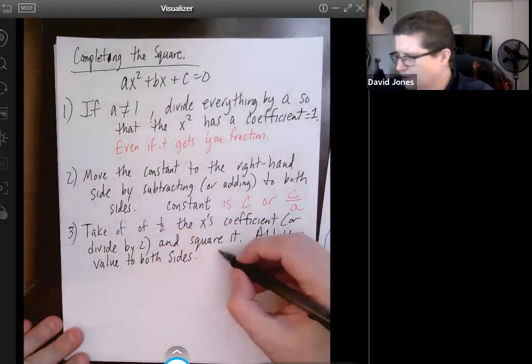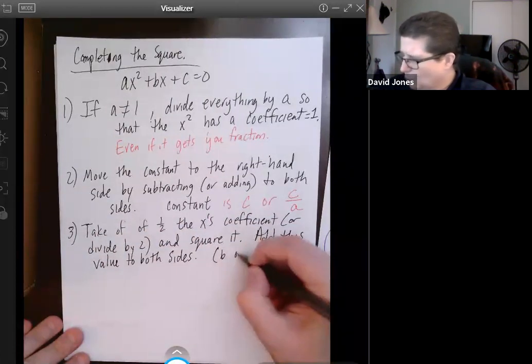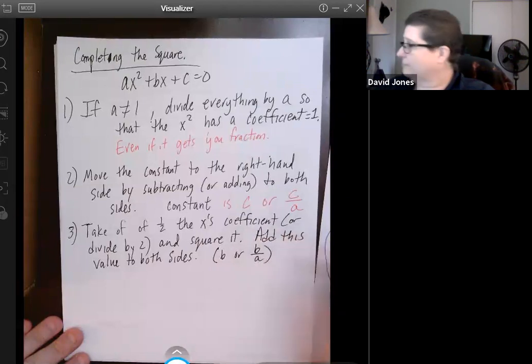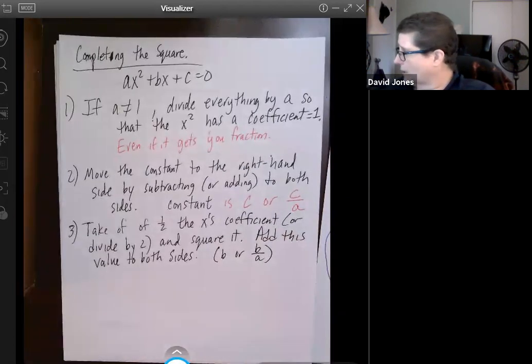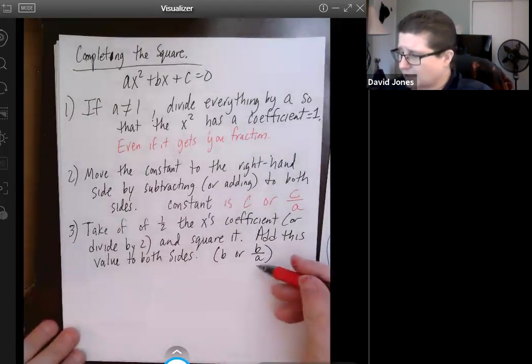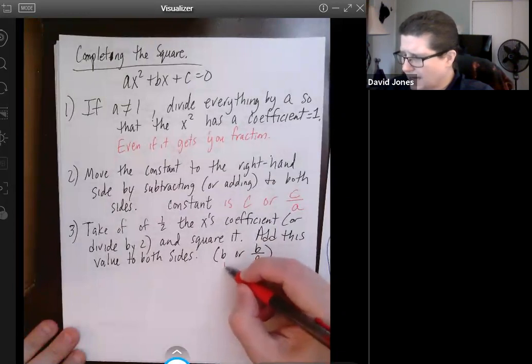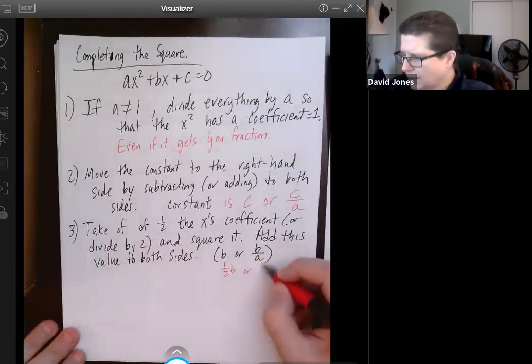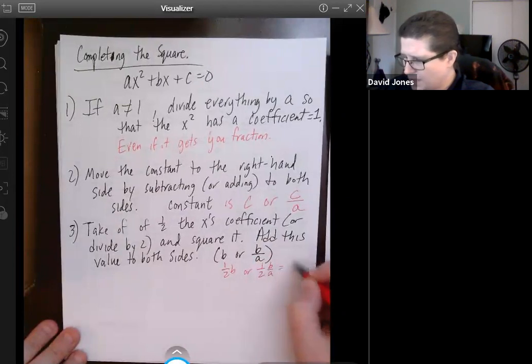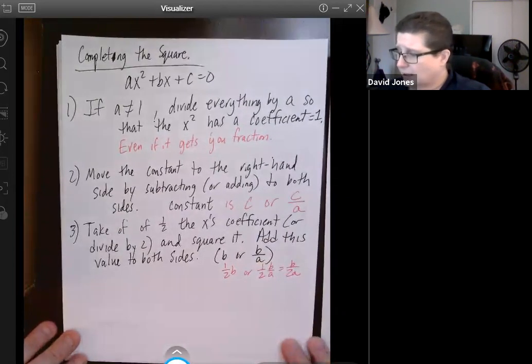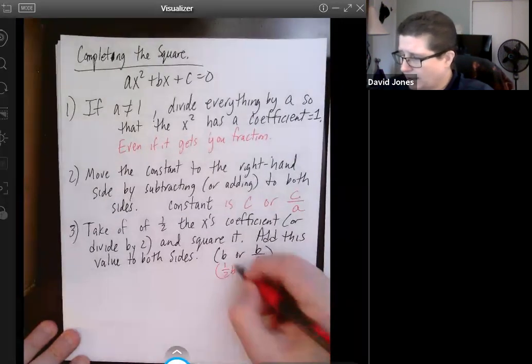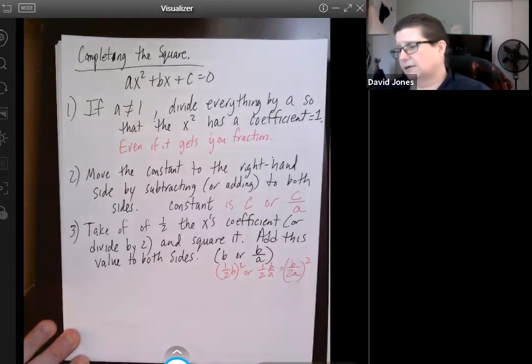This is going to be either b, or if we had divided by a, b over a. So if we take 1/2 of this, you either end up with 1/2 b or 1/2 b over a, which is b over 2a. And then you're going to square it. Okay?